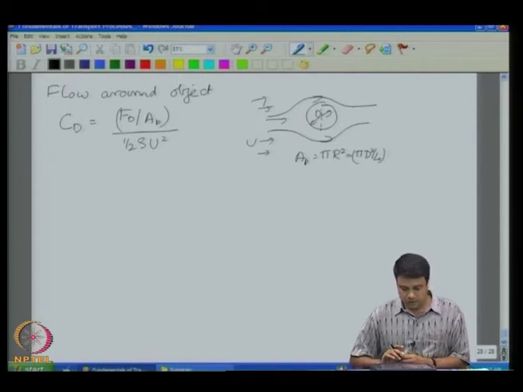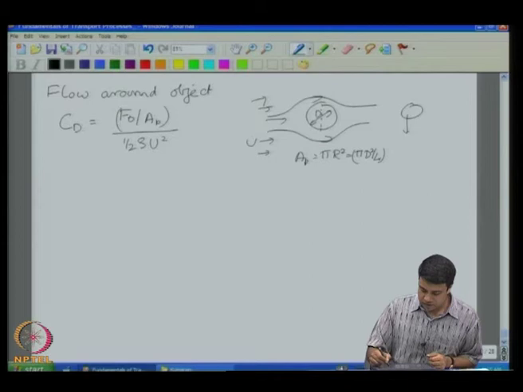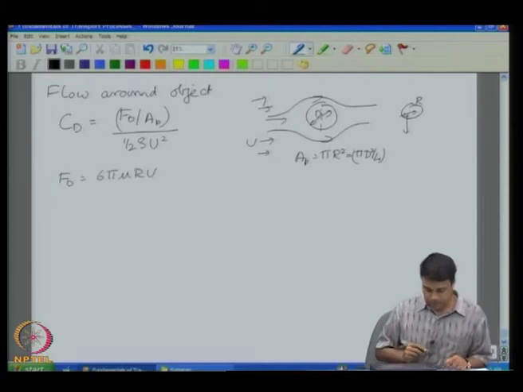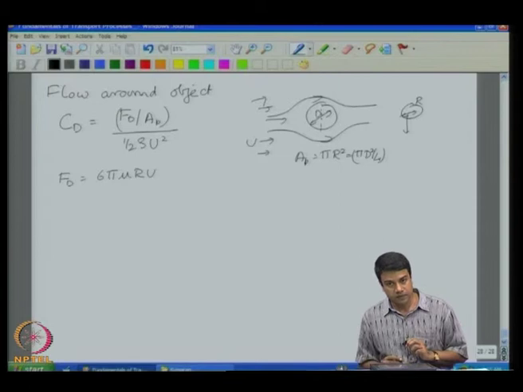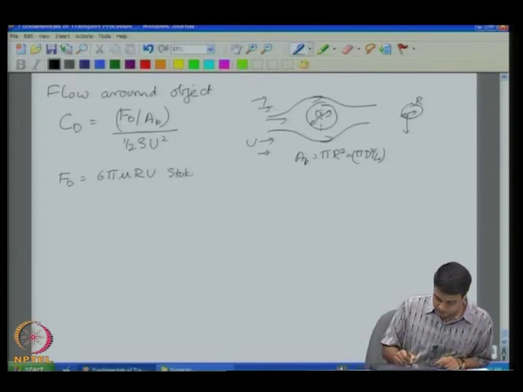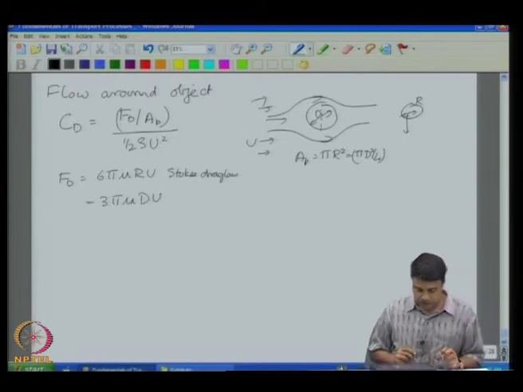If you recall, we solved the problem of a sphere settling in a fluid. The drag force was equal to 6 pi mu r u, the Stokes drag law at low Reynolds number, which is equal to 3 pi mu times the diameter times the velocity.